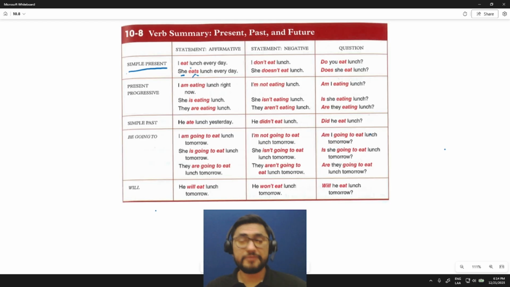right? Another thing about the simple present is that if we do not have the verb to be, our auxiliary verb is going to be do, right? So we're going to use this in negative, don't. I don't eat lunch. And with third person singular, she, he, it, we would use doesn't. She doesn't eat lunch. This is going to be for negatives.